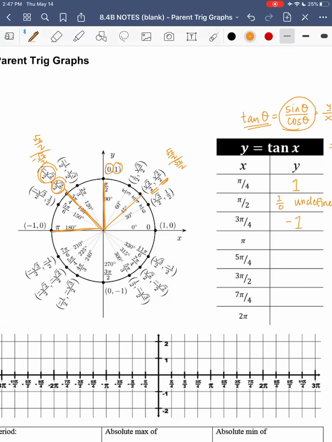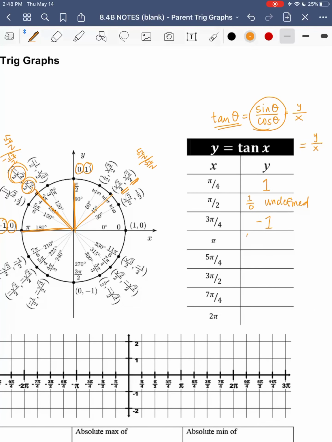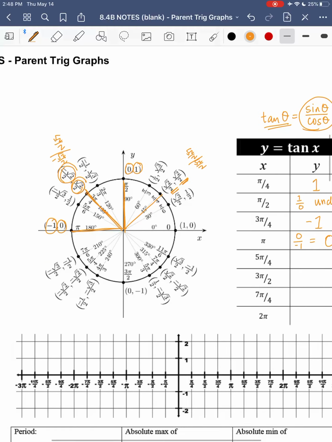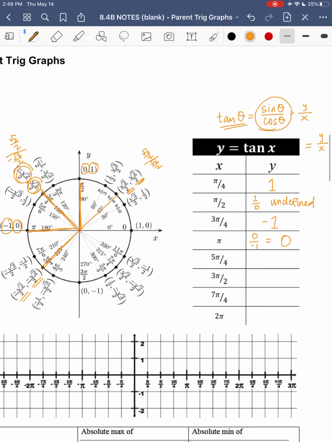At pi, y over x is 0 divided by -1. That's okay, we can take 0 and divide it by things. That's just 0. Okay, 5 pi fourths. I have negative square root 2 over 2 divided by negative square root 2 over 2. That's something divided by the exact same thing, so that's a positive 1.